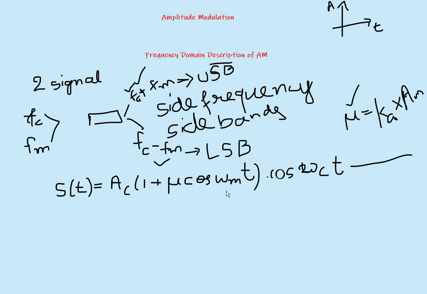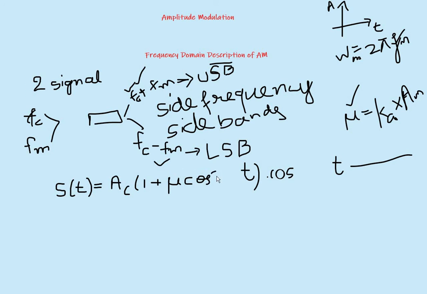Okay, now this omega m, what is omega? Omega is 2 pi f, right? So omega m will be 2 pi fm. We are doing this because we need frequencies here, and omega is the angular frequency, so we just need the simple frequency. So replace omega m and omega c by 2 pi values.